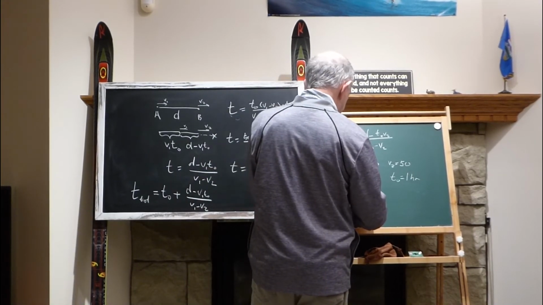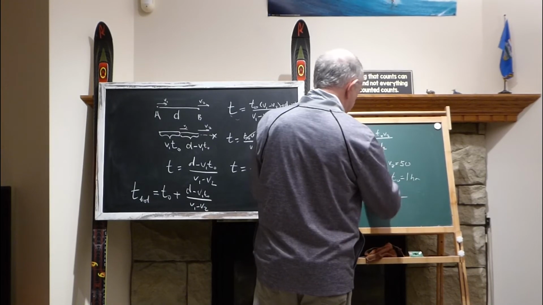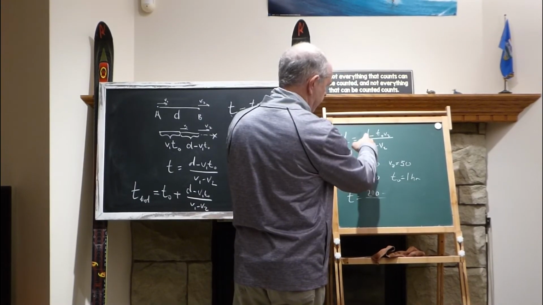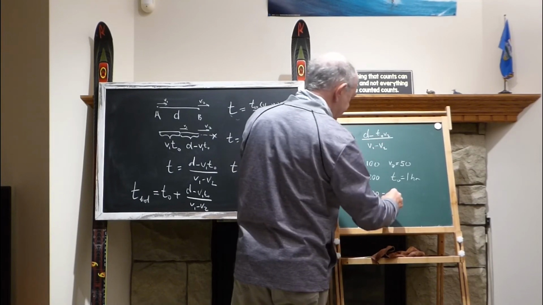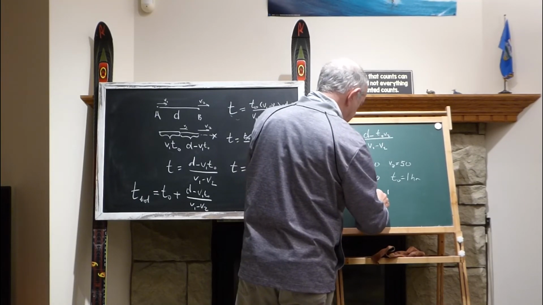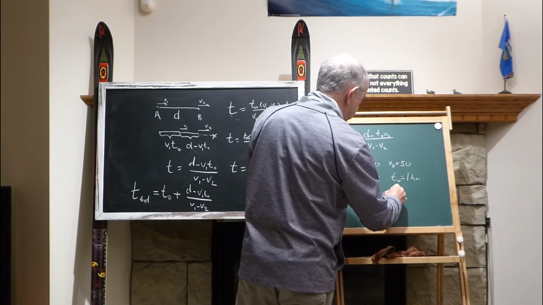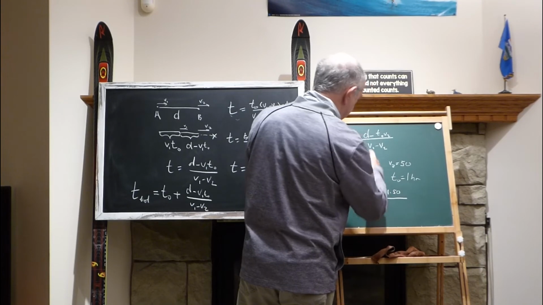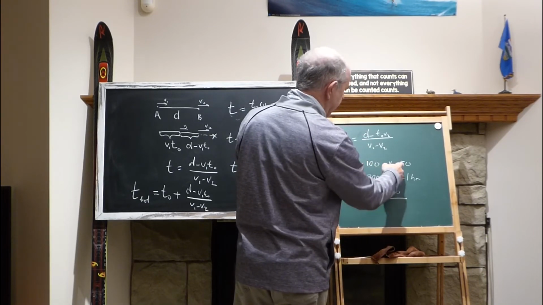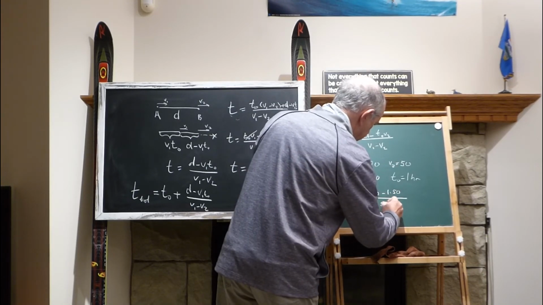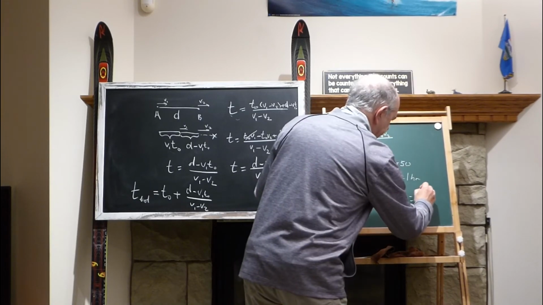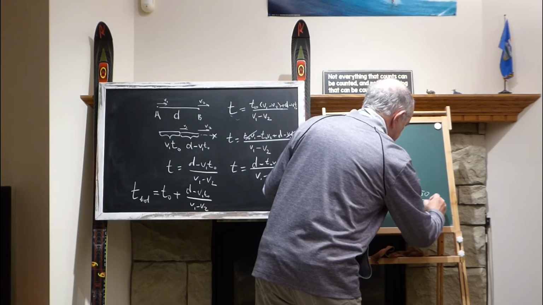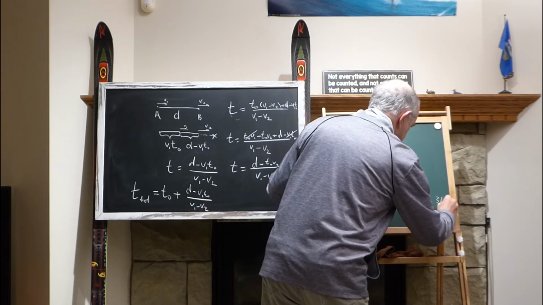We will have t equal, and put here 200, t0 equal 1, v2 equal 50. And at the bottom would be 100 minus 50, which is 50. So it would be 150 divided by 50. It would be 3 hours.